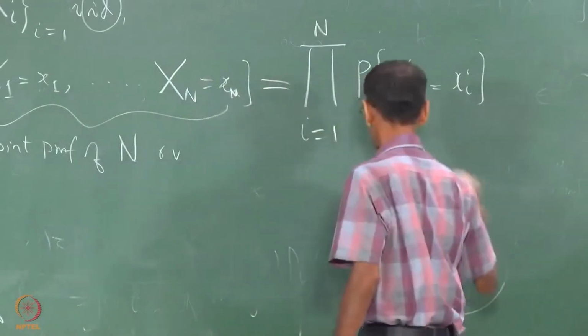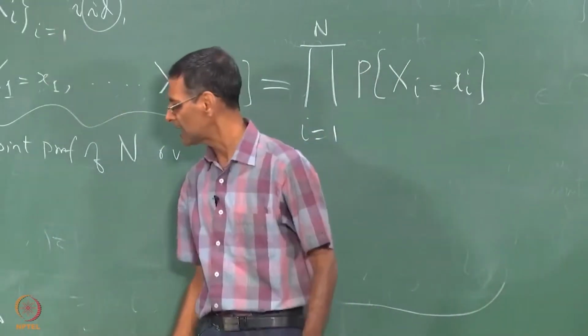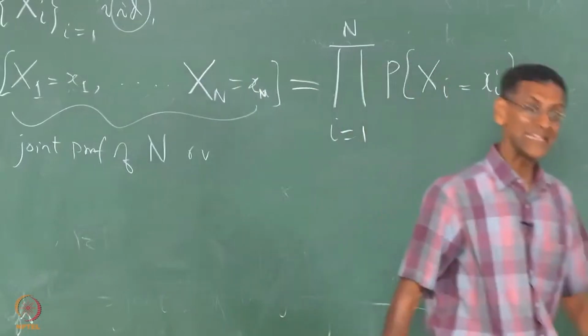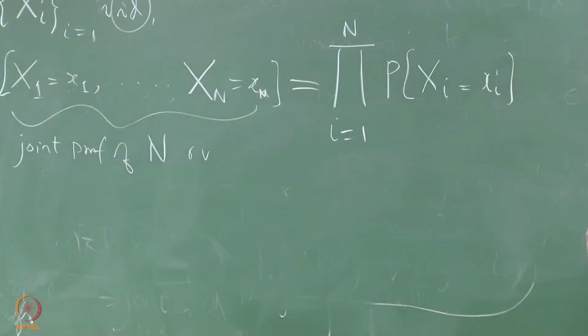And the other important point is that if you know this is a collection of n independent random variables, any sub collection has to also be independent.